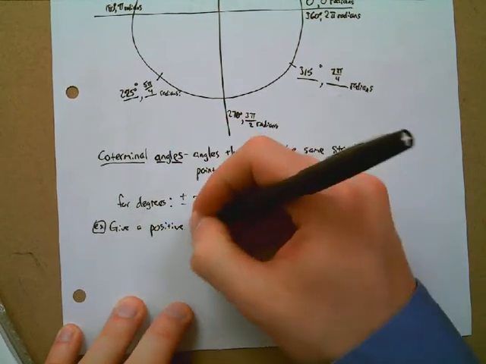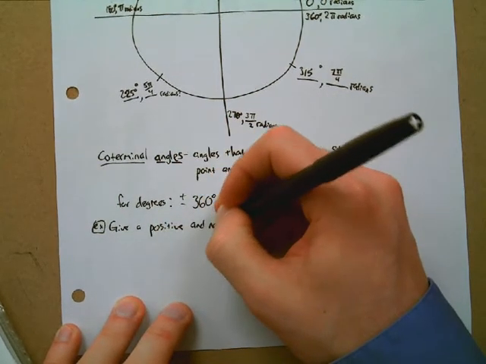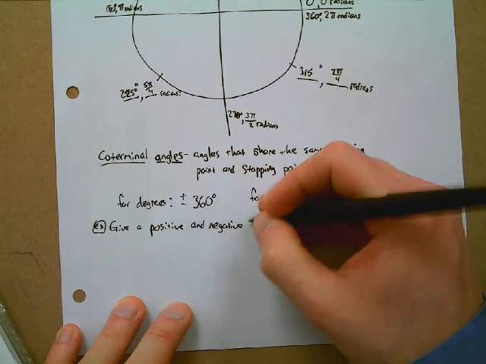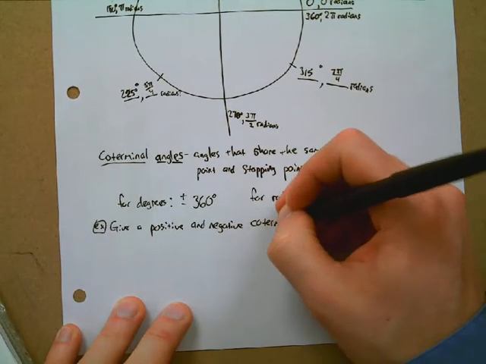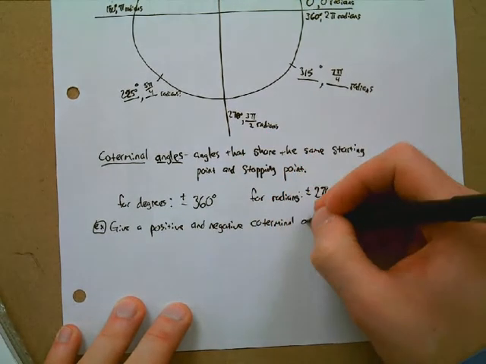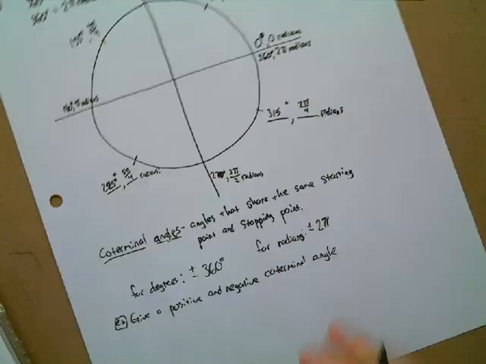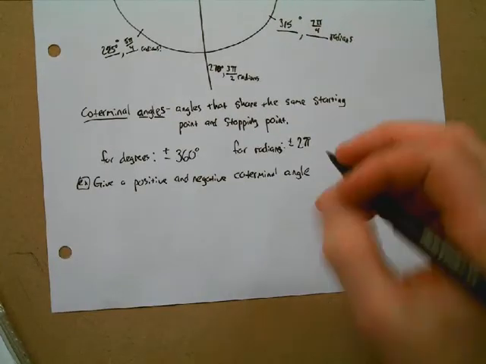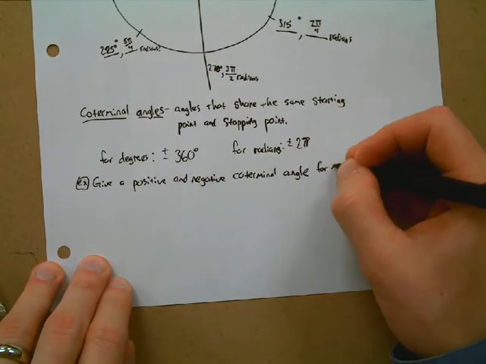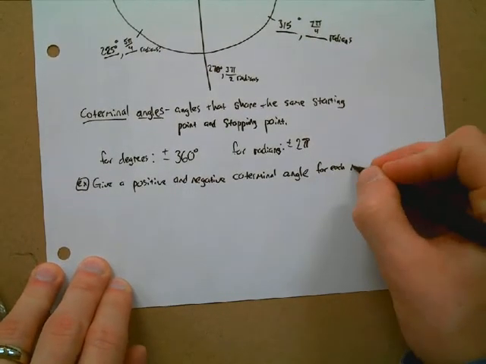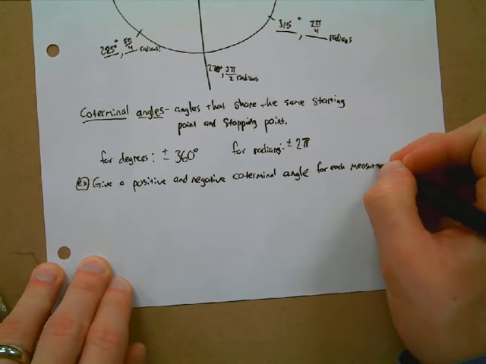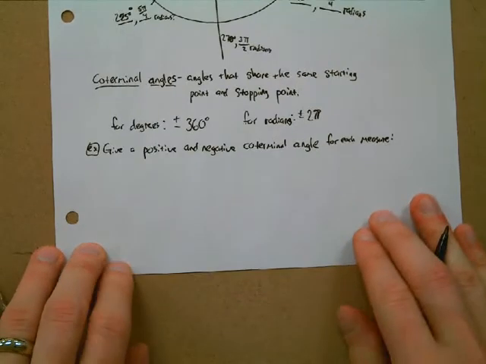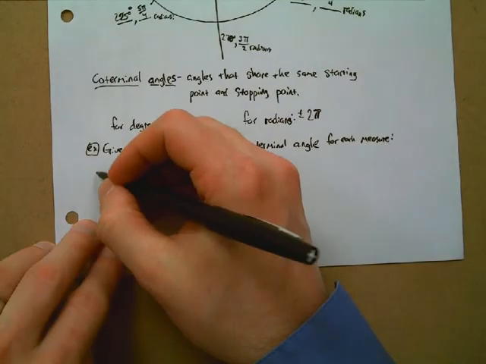We might see an angle like 390 degrees. Unfamiliar to us. It's not between the typical 0 and 360. Most of what we'll be working with is between 0 and 360 degrees. But here it's 390 degrees, outside our normal range.